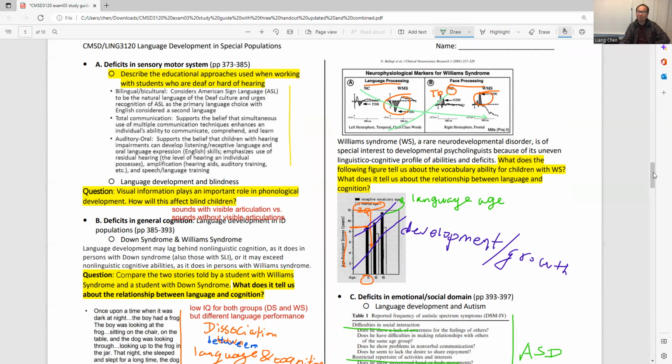Okay, NC equals TD, typically developing.